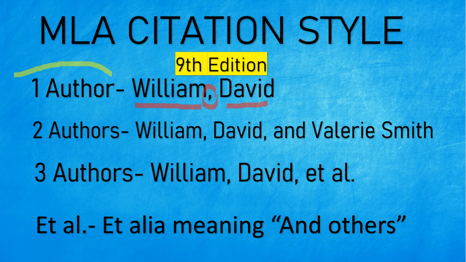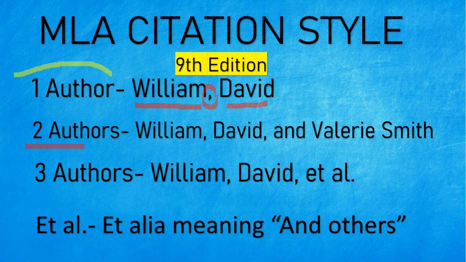Suppose a book or an article is written by two authors. How are these two authors to be cited in an endnote or in a bibliography?